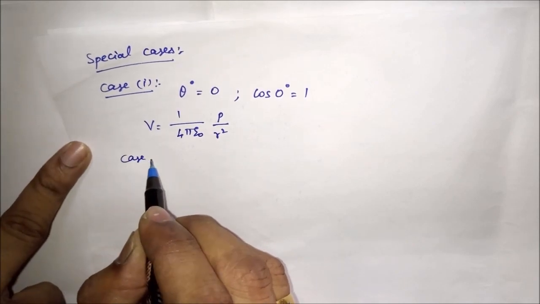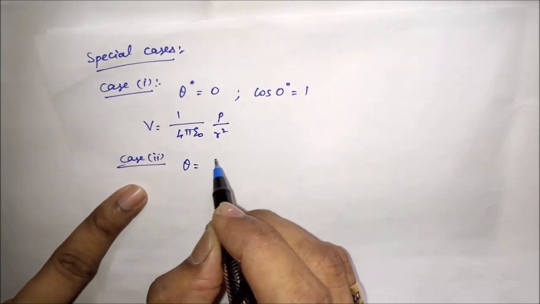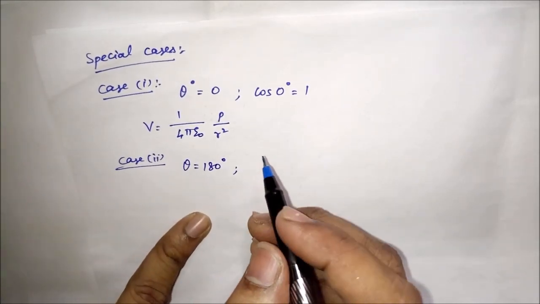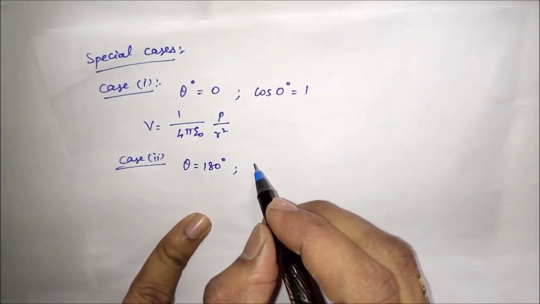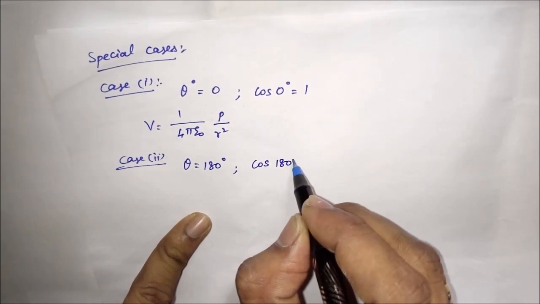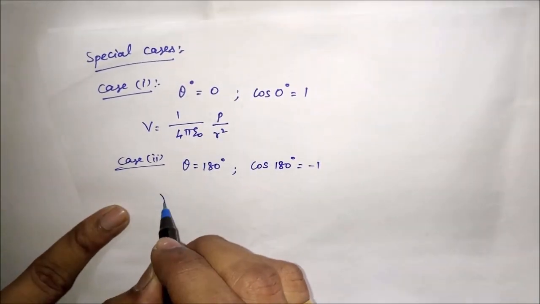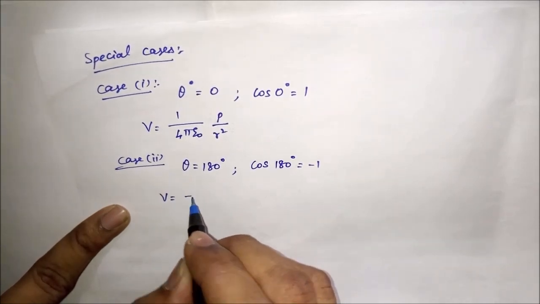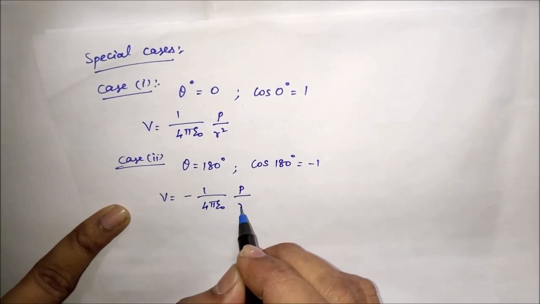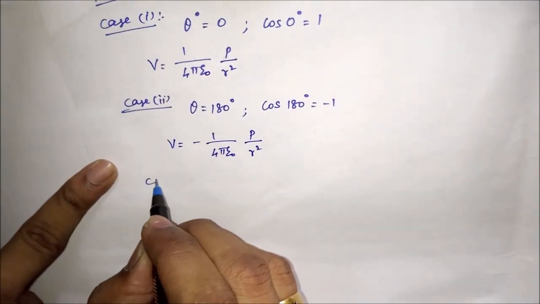Next, case 2: if theta is equal to 180 degrees, the external point is opposite to the dipole moment, which means cos 180 degrees is equal to minus 1, then the total potential V is equal to minus 1 divided by 4 pi epsilon naught times P divided by r square.